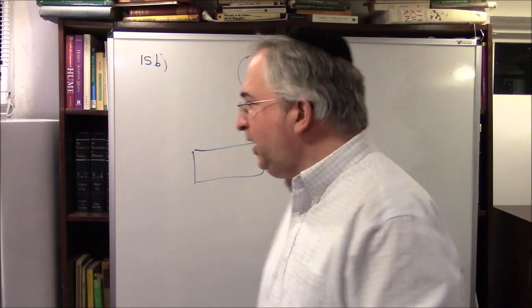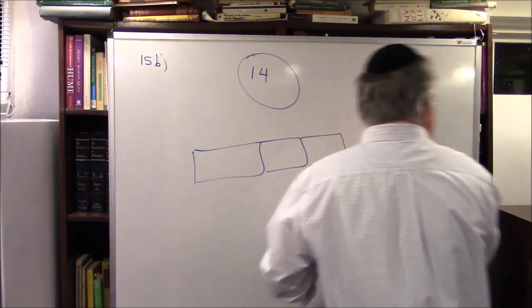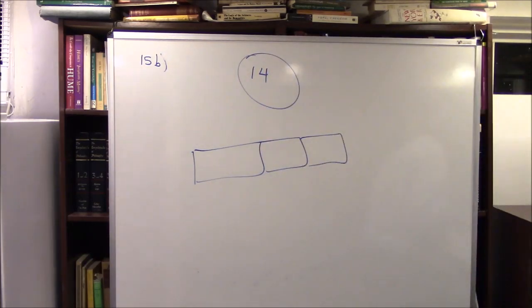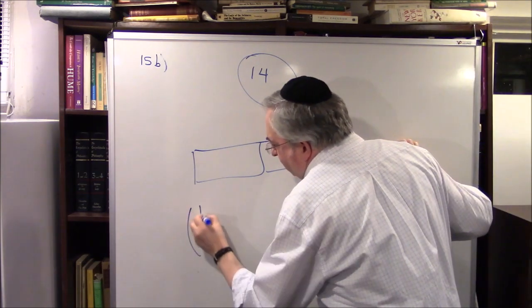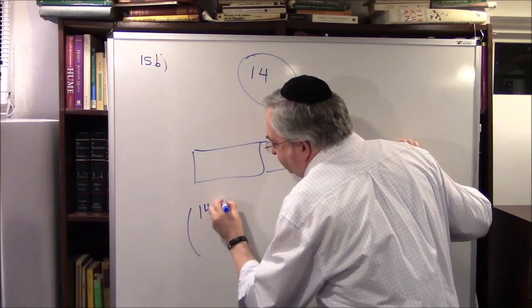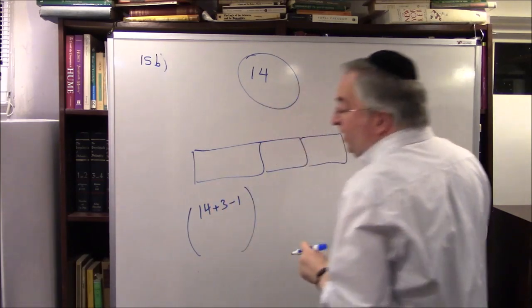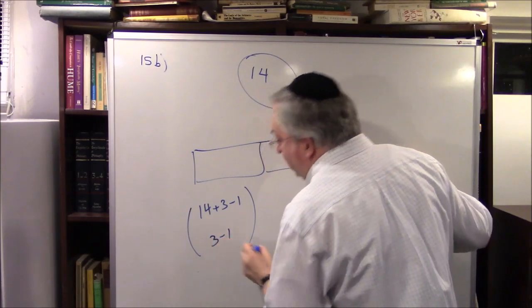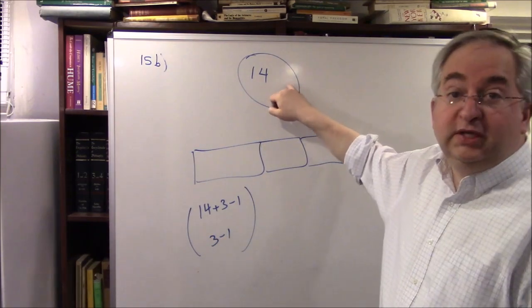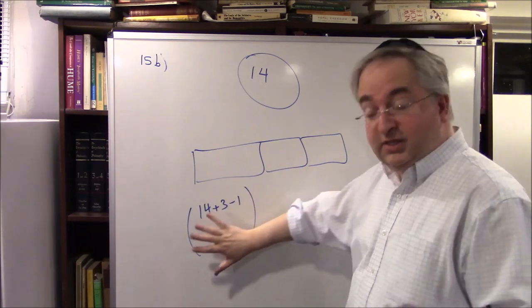Okay, so one way of doing it is as follows. Look at how many ways of doing this. 14 plus 3 minus 1, choose 3 minus 1. That's how many ways of putting 14 objects into 3 boxes. That's simple.